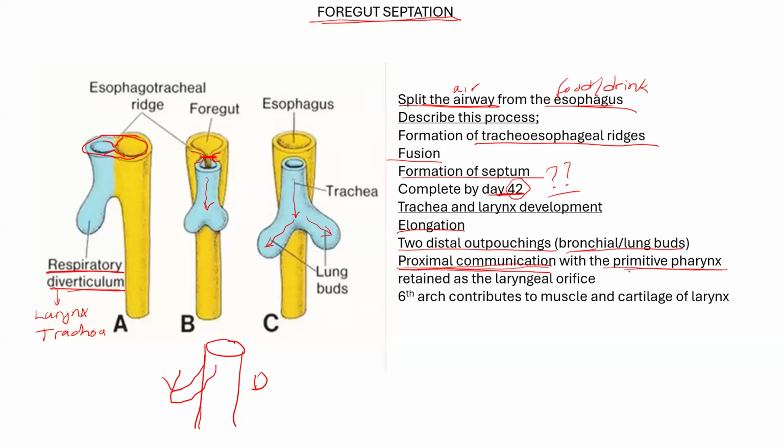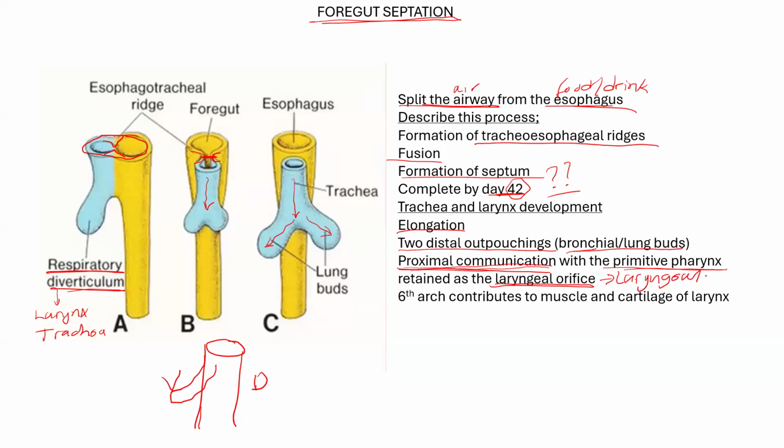That part where the respiratory diverticulum connects to the primitive pharynx, there is no septation at that part. This remains as the laryngeal orifice, and the adult derivative of the laryngeal orifice is the laryngeal inlet.